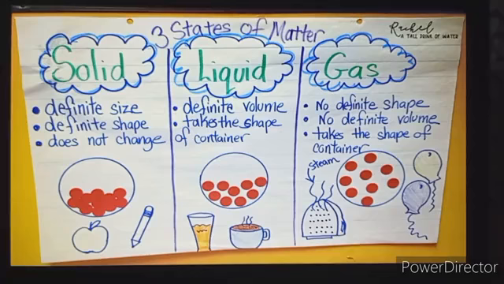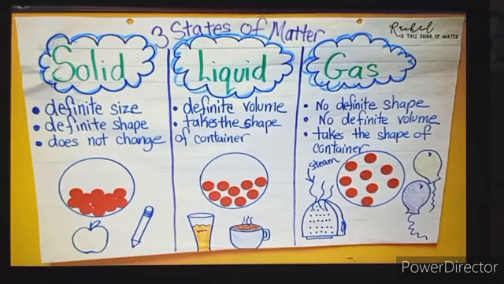Then solids, due to strong intermolecular force, are tightly held. The molecules are very close to each other and they cannot slip over one another. That is why it is said a solid does not flow.